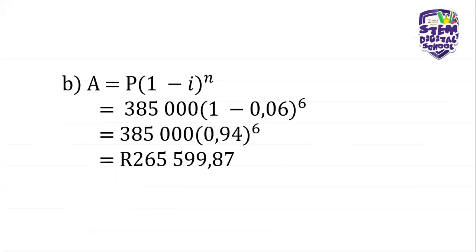But for now, in this case, we have looked at the value after a period of 6 years. And we can see that after a period of 6 years, the amount will be 265,599.